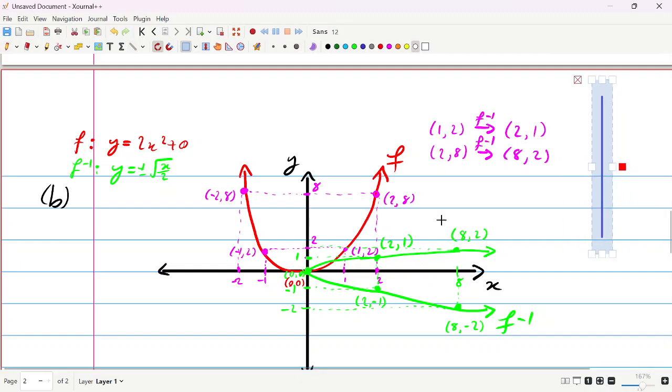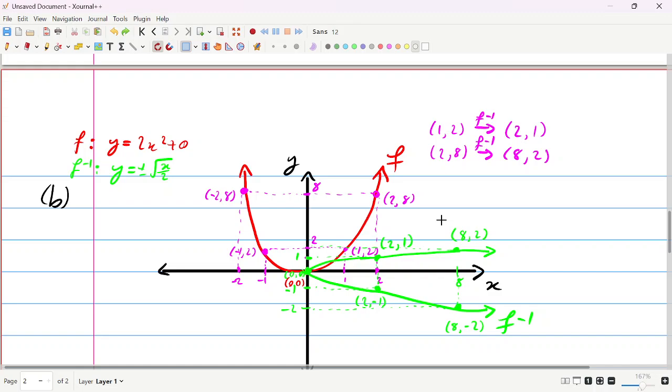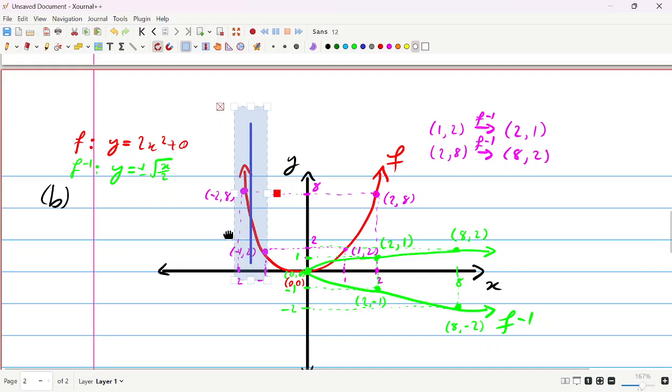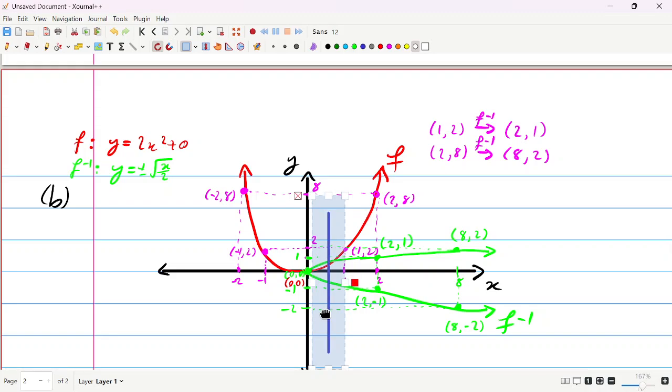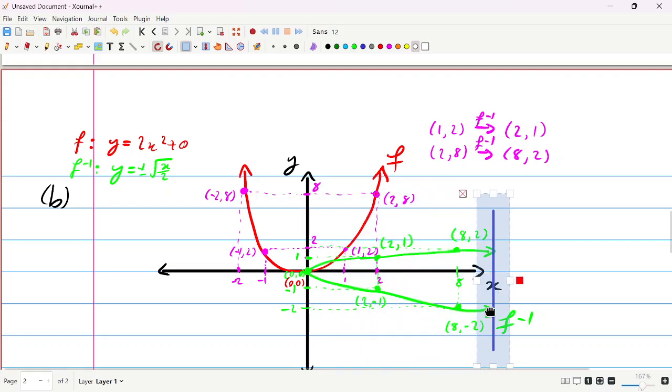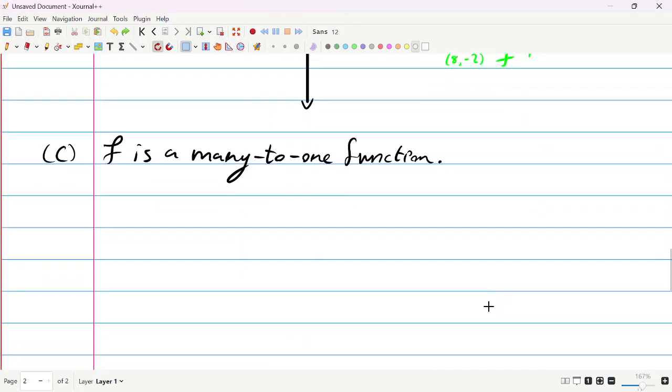We take the vertical line, we go left to right on this green function here. Remember, we're taking it for the inverse. And then we go all the way from left to right. Oh, no. It's intersecting twice with the vertical line. It is not a function. It is a one-to-many, though, if you think about it.